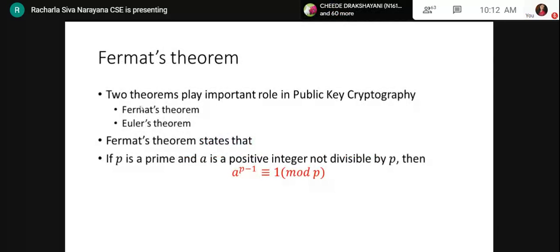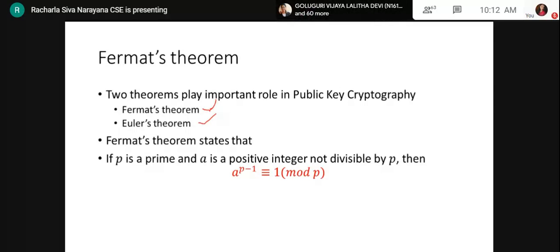Next, Fermat's theorem. There are two important theorems that play important roles in public key cryptography. Those are Fermat's theorem and Euler's theorem. These two are very important in public key cryptography, like the RSA algorithm and Diffie-Hellman key exchange.